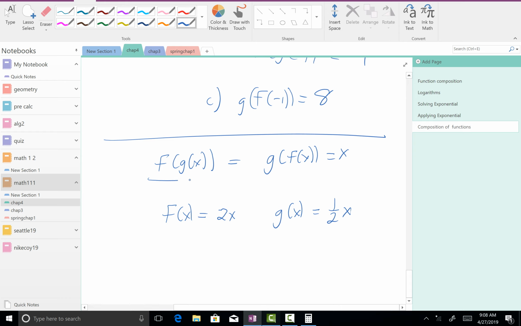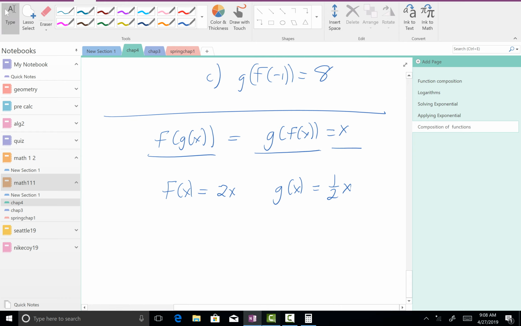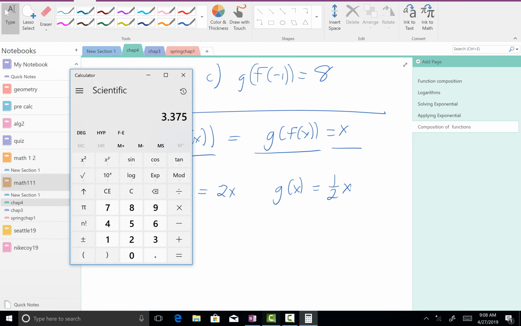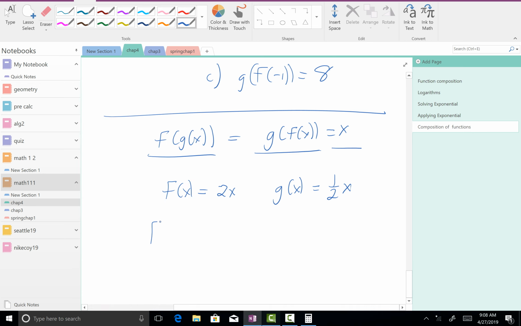They want to show that it doesn't matter the order you do this in, and not only that, but it's just equal to an x. So let's do this one first.